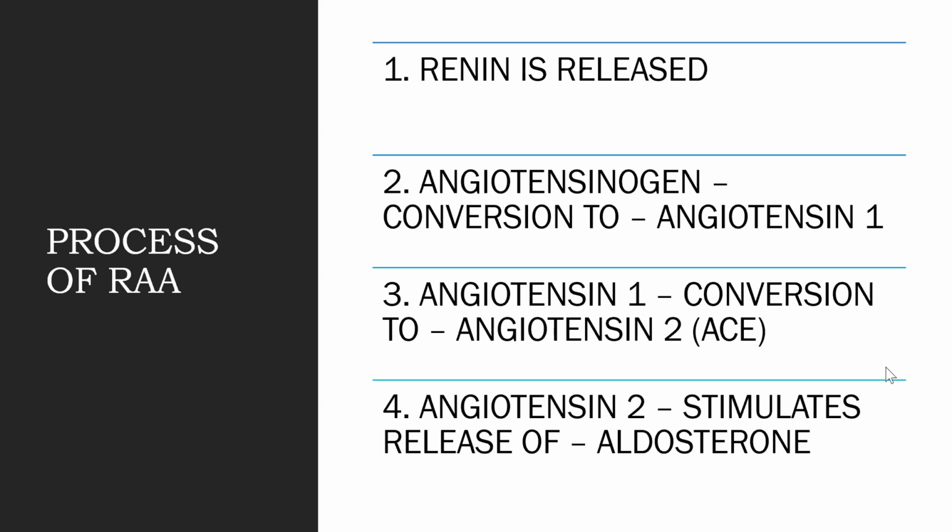So angiotensin 1 goes over to the lungs, uses the enzyme ACE to turn into angiotensin 2. And when that happens, everything starts moving along. Angiotensin 2, he's a power guy. He does a lot for this little system, but he stimulates the release of aldosterone.